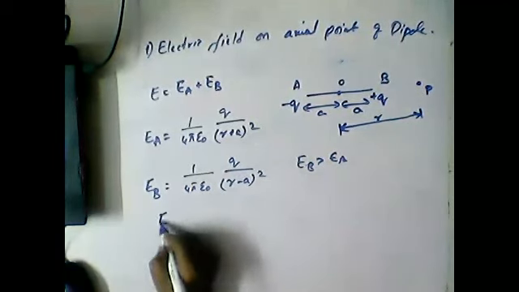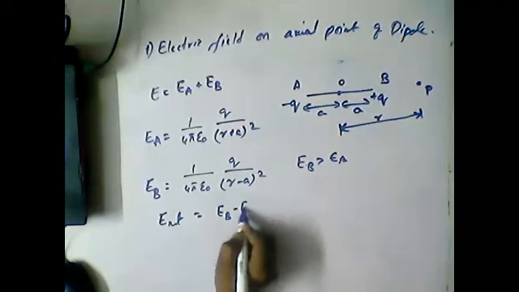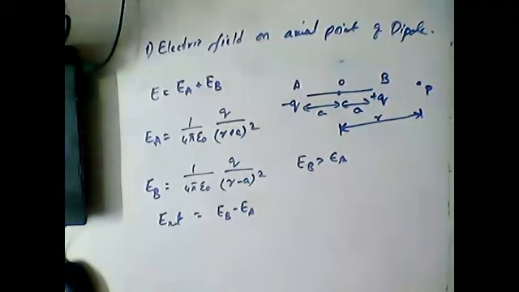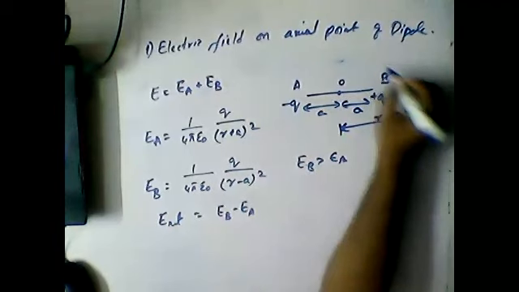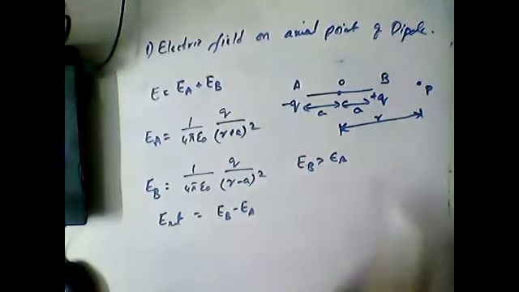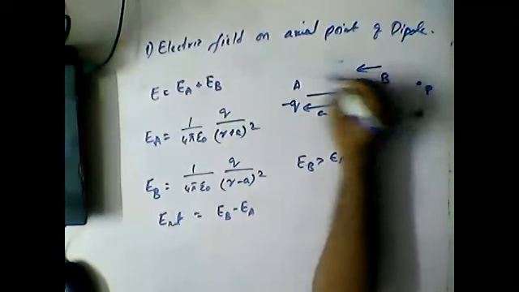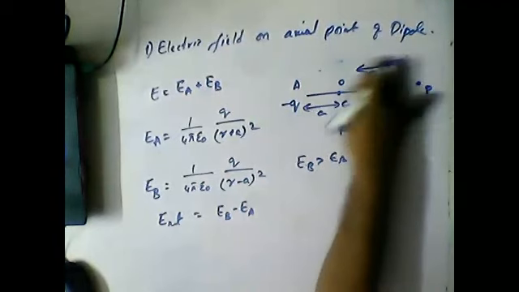So I can write here E net is equal to EB minus EA. Sir, you wrote plus here, na? But why did you write EB minus EA? If you clearly observe, guys, the electric field at this point will be in this direction. And the direction of the field of the negative charge will be opposite to the actual electric field.